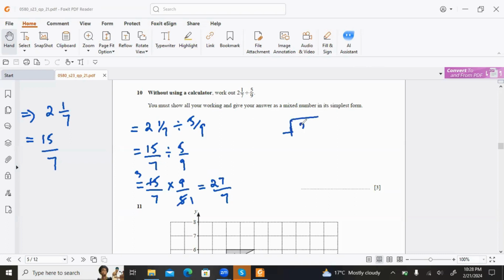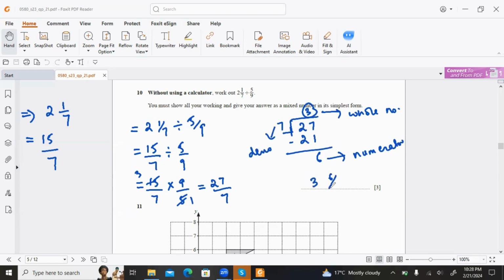So we divide 27 by 7. 7 threes are 21. 6 is left. So this will be your whole number, this is going to be your numerator, and this is your denominator. So your answer is 3 and 6 by 7.